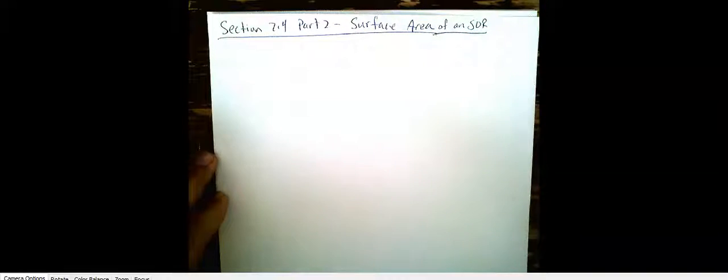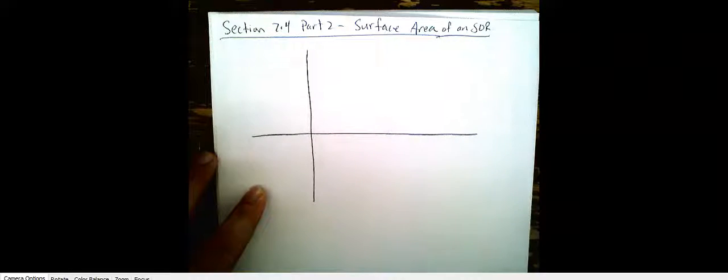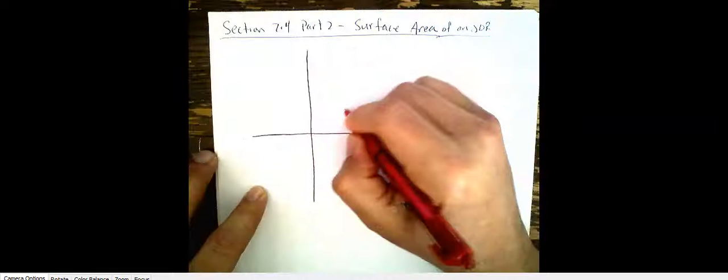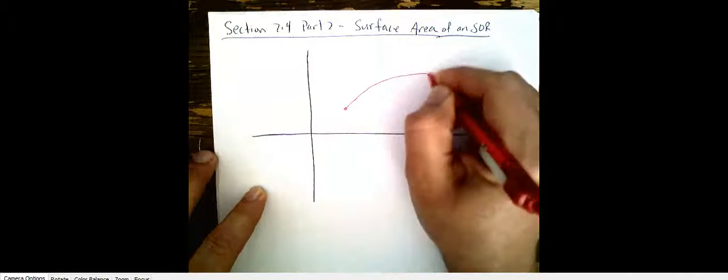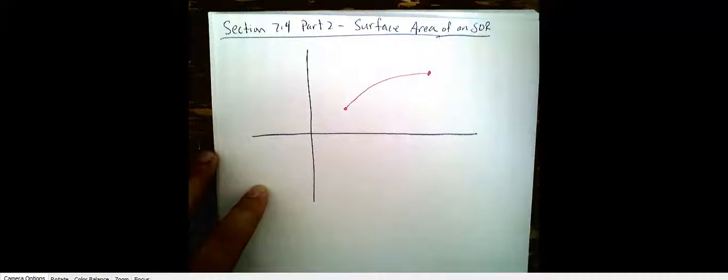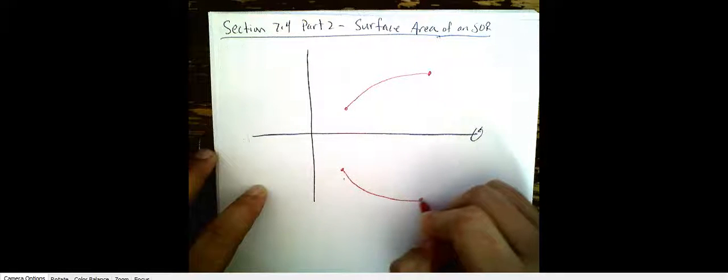So recall that a surface of revolution, basically we take a curve and spin it around an axis, then we get a solid of revolution. So let's just consider this curve here. When we spin it around the x-axis, let's say, with an equivalent curve down here, something like that.